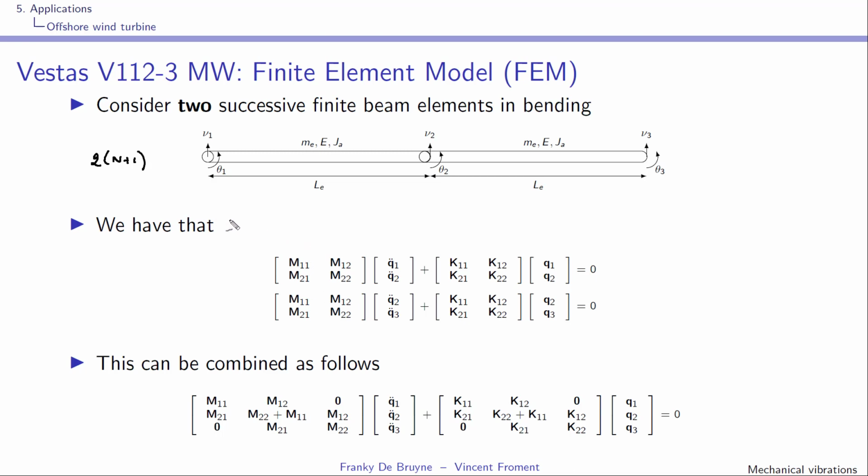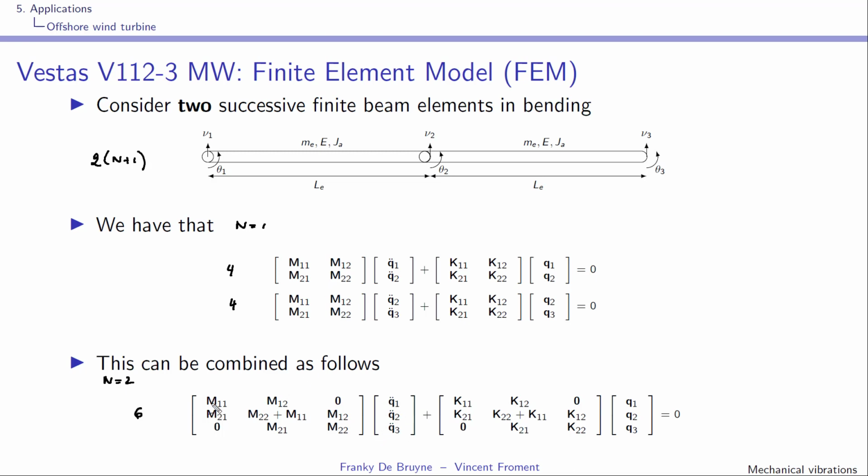In these two descriptions here, we have n equal to 1, so we have 4 variables and 4 variables, right? 2 variables in Q1 and 2 variables in Q2. If we combine the two finite elements, so here we have n equal to 2, then we have 6 variables: 2 in Q1, 2 in Q2, and 2 in Q3.